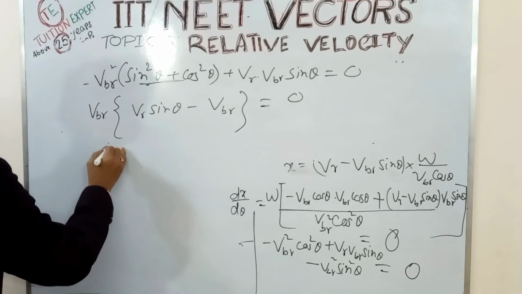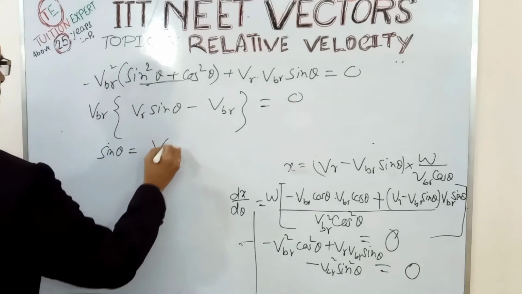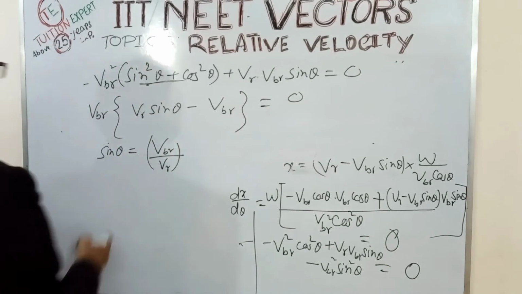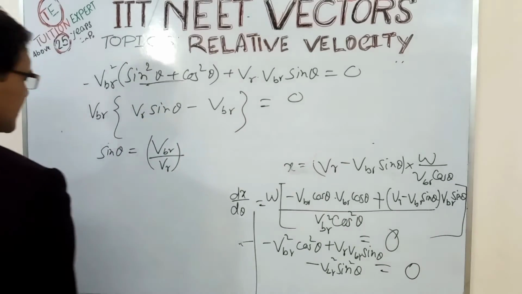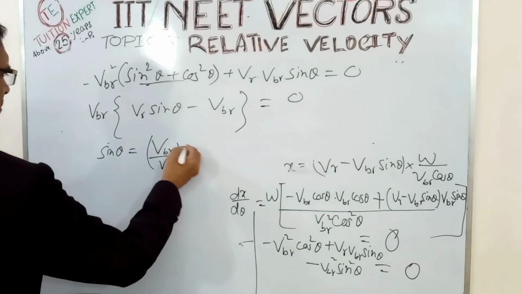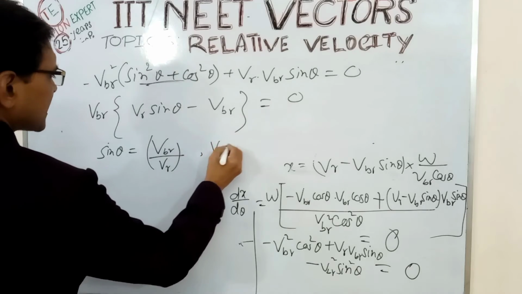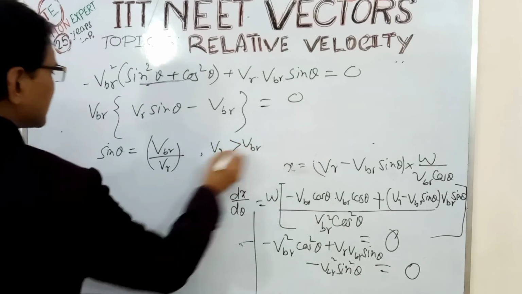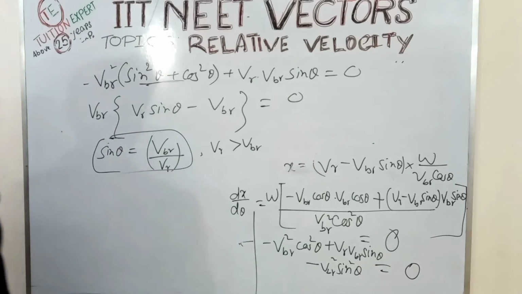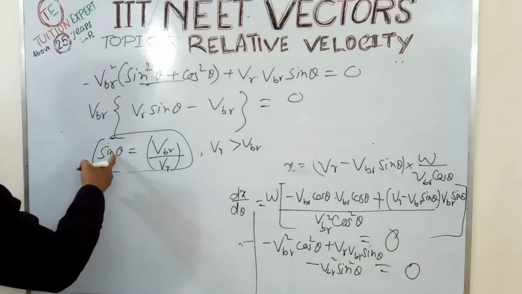So sin theta equal to vbr over vr. So if the boatman steers at an angle theta with the vertical, then the path will be minimum, and here the condition is also satisfied because we take vr greater than vbr, so sin theta is less than 1. Now the value of sin theta will be this.